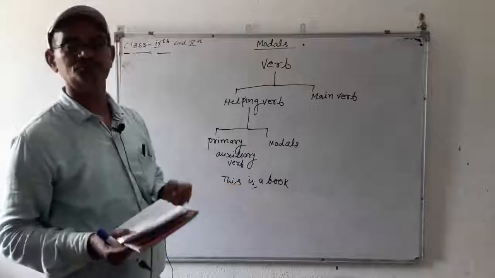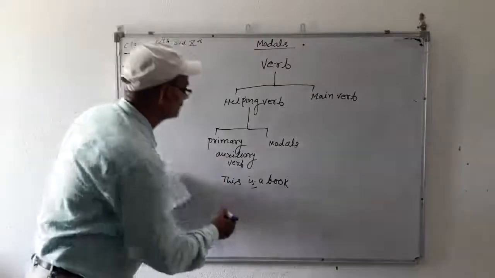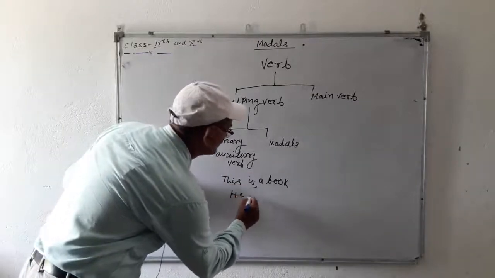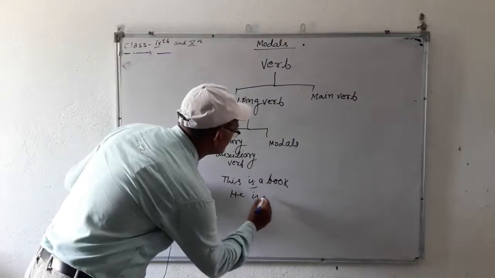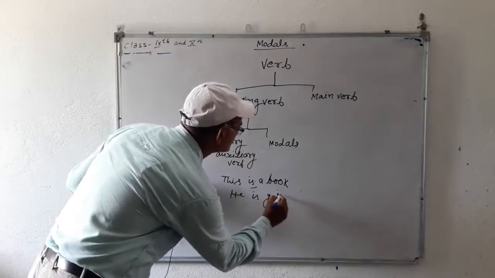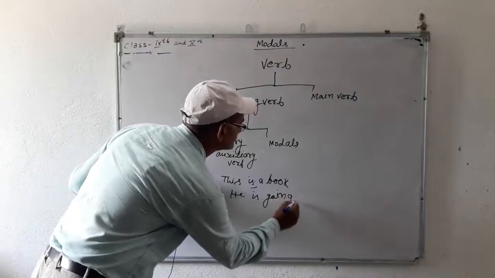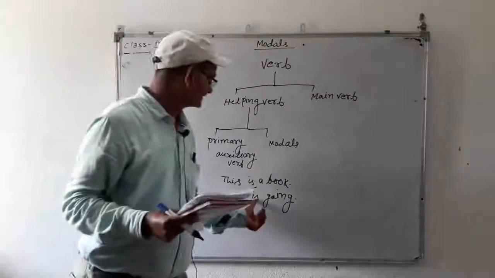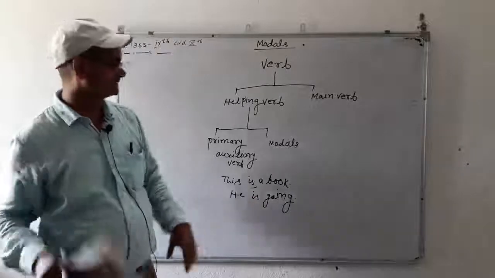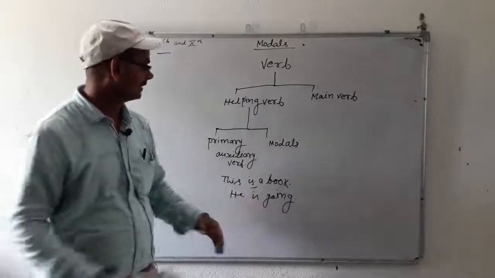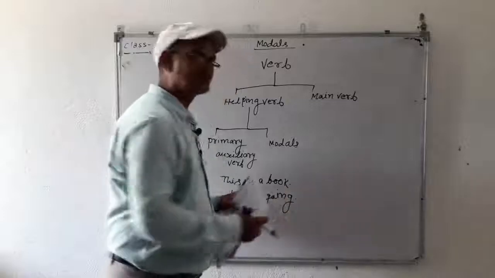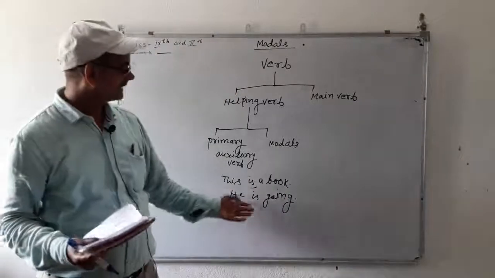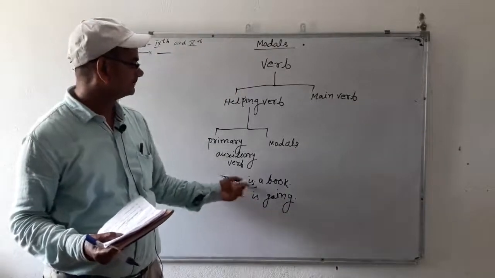It is also used in: he is going. In he is going, is is an auxiliary verb which is helping the main verb going. Here it is a helping verb, and going is the main verb here.